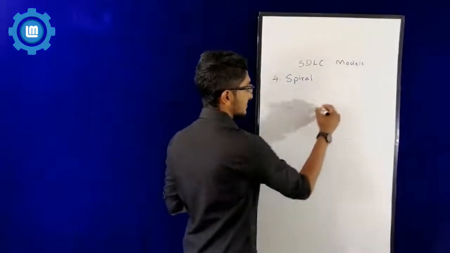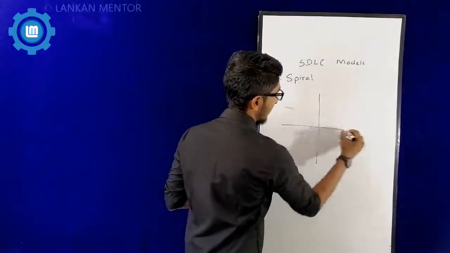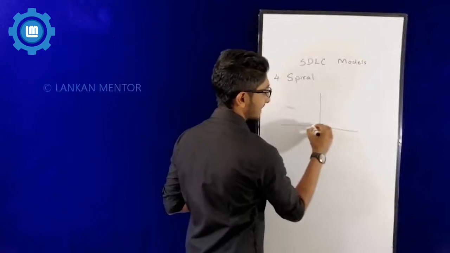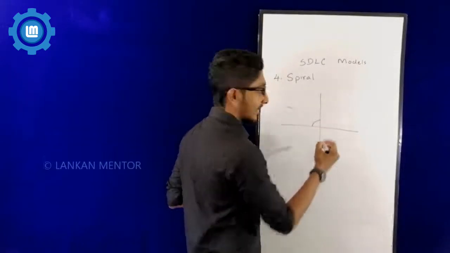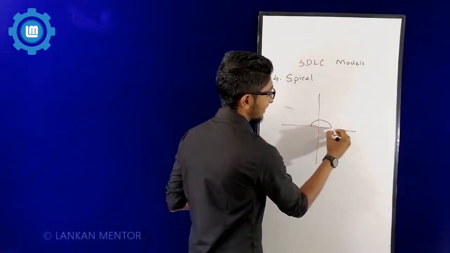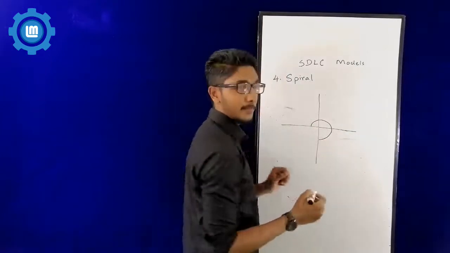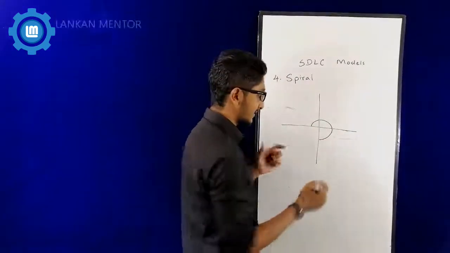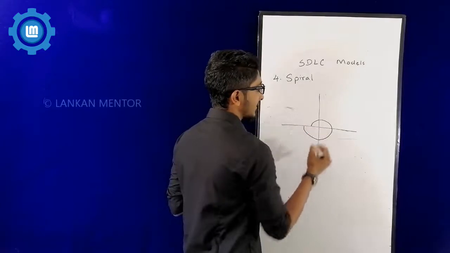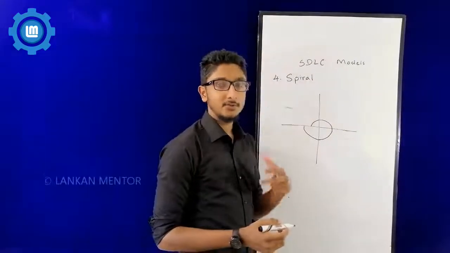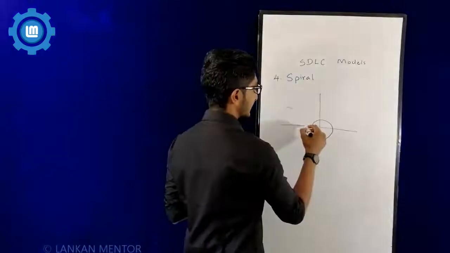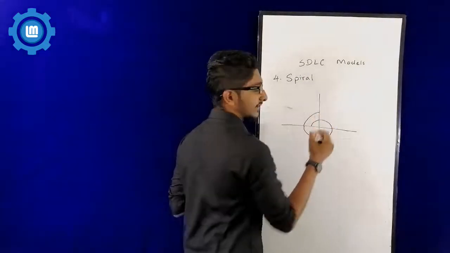So the spiral model can be given like this. You start with requirement gathering, and then you go for designing, and then you code the system and test it, and you evaluate it.